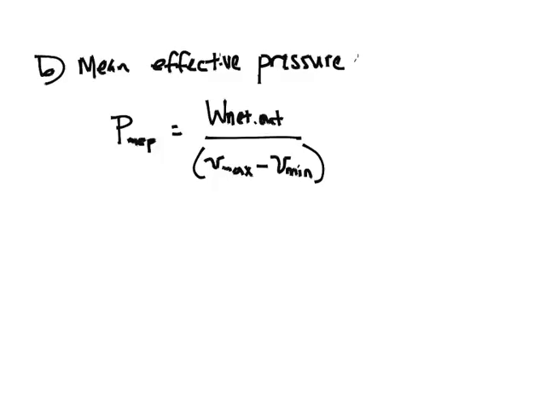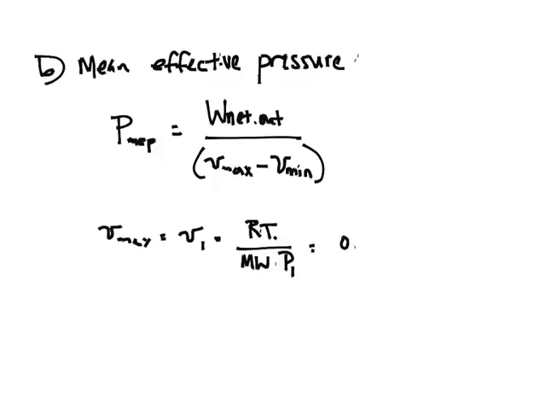Okay, so we know a couple things here. We know Vmax equals V1. We can find that using our ideal gas law.